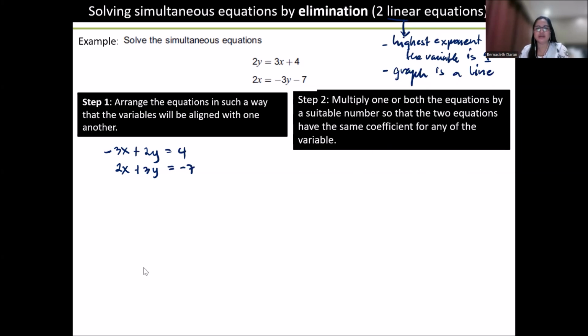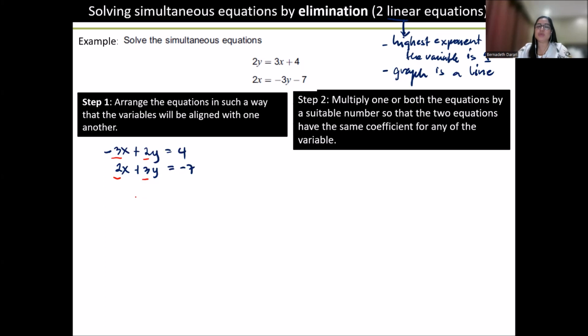If you notice here, the numerical coefficient of x in our first equation is -3, and the numerical coefficient of x in the other equation is 2. So they are not the same, right? And here, the numerical coefficient of y in the first equation is 2, and in the second equation, that is 3. So they are also not the same, okay?